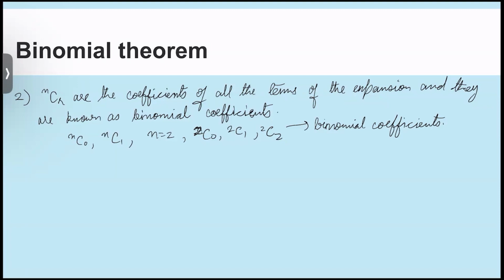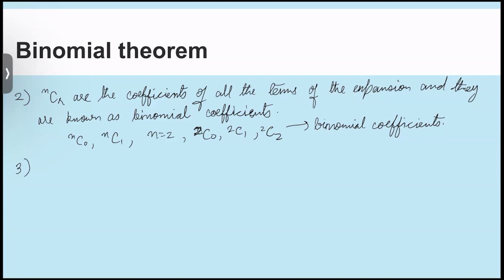Now the next one is your third. This is something that we have spoken about even before when we were dealing with binomial expansions, the rules that are followed when you are evaluating such binomial expansions.